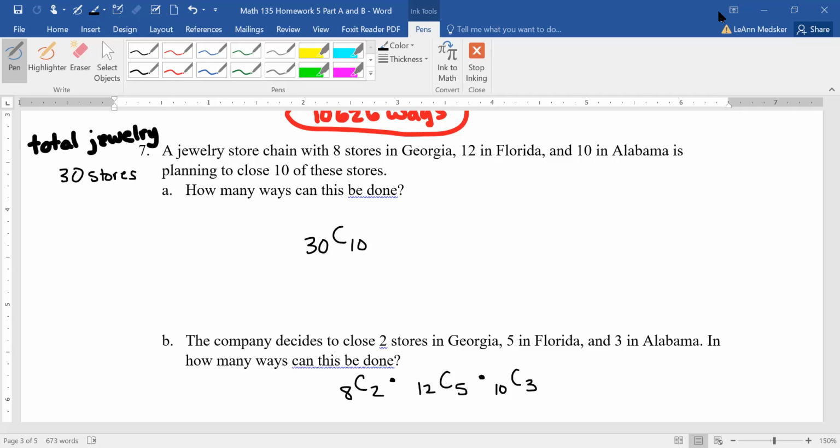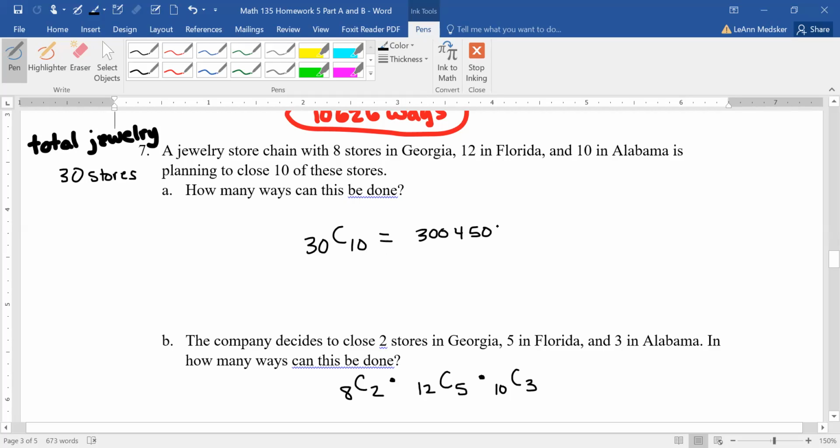So let me pause this for a second and grab my calculator, and I'll work these out on that. Okay, so 30 choose 10 is going to be 30,045,015 different ways.